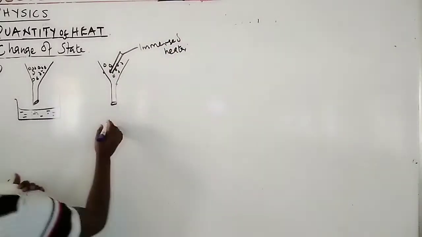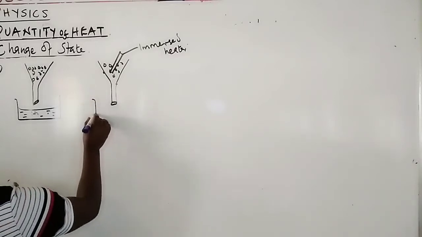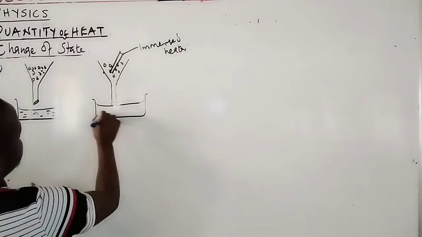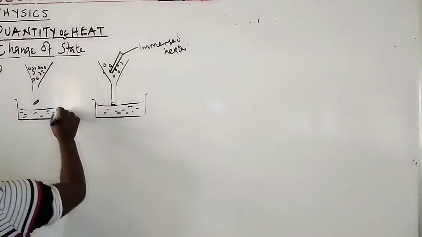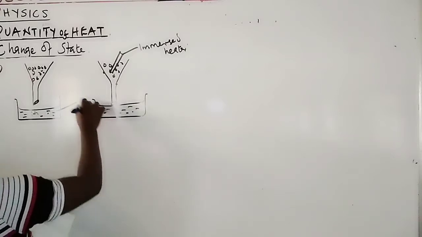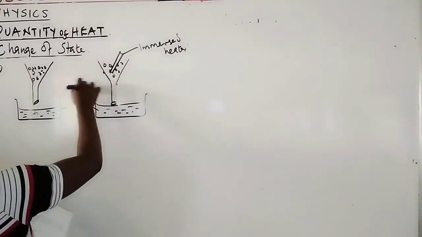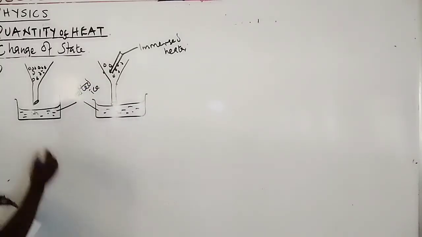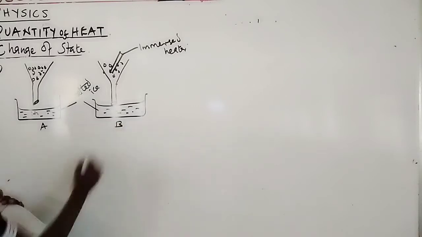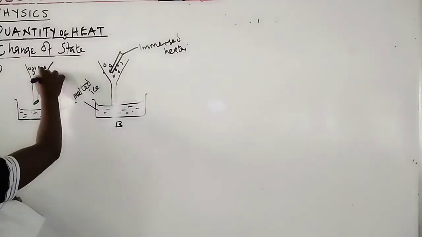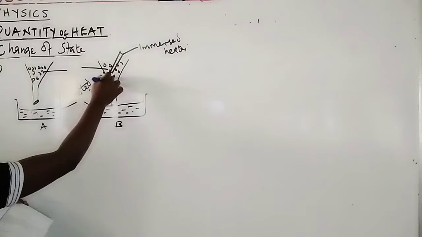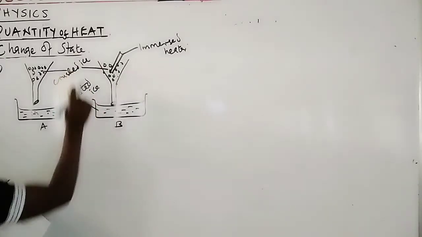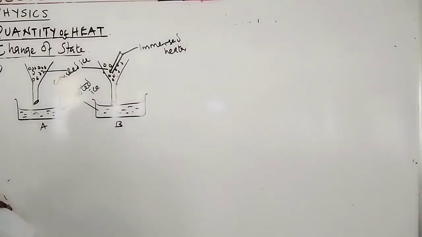There is a heater for this case, and again melted ice is being collected, but in this case we have a bigger volume. Therefore in these two cases we have this as melted ice, beaker A and beaker B. In both cases this is crushed ice, melted ice.